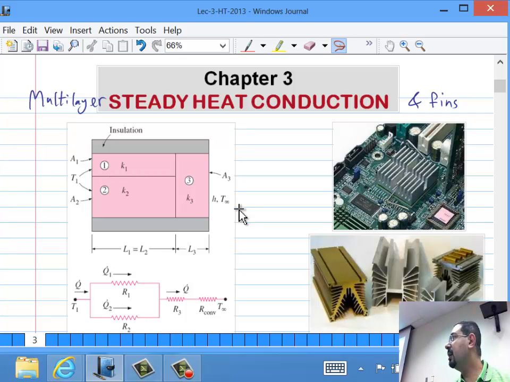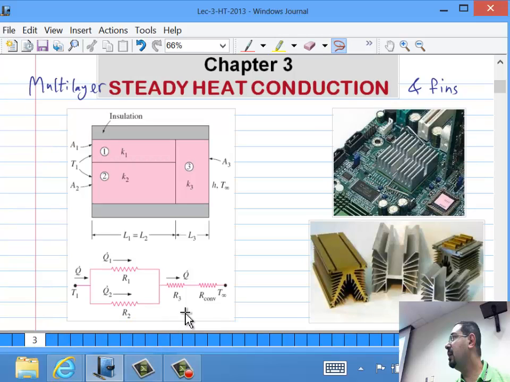So it's basically as if it's really electric resistance. In electricity, when you have multiple resistances in series and you would like to get the current going through them, you say, well, I'm not going to solve each one by itself. I will just say those are in series, so I can replace all of them by only one resistance, R1 plus R2 plus R3.